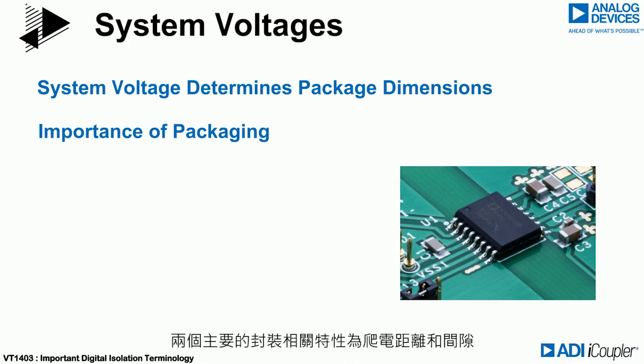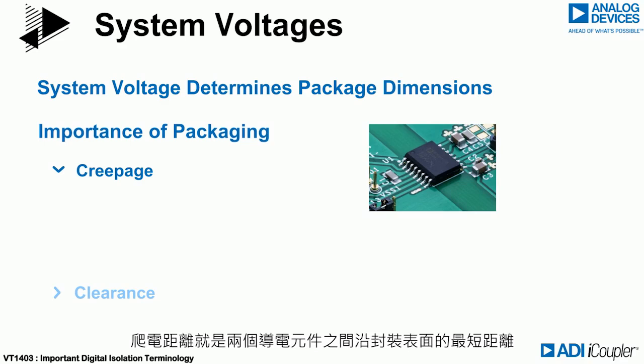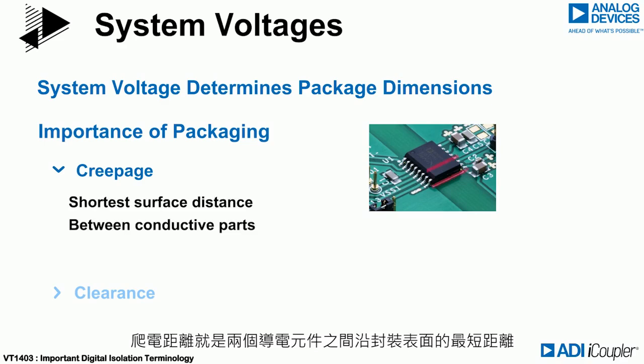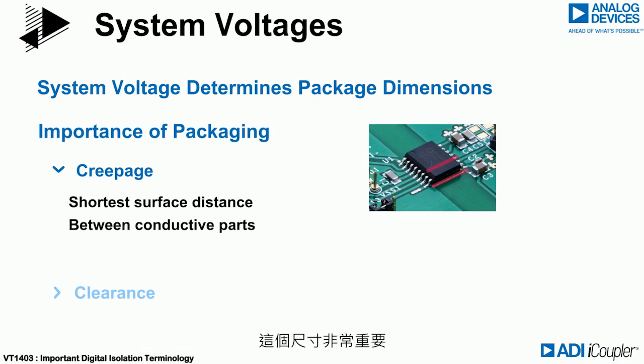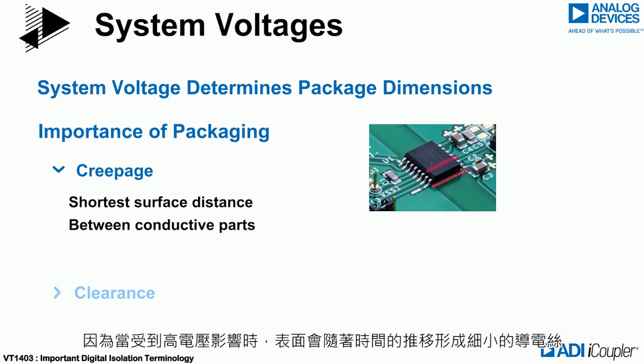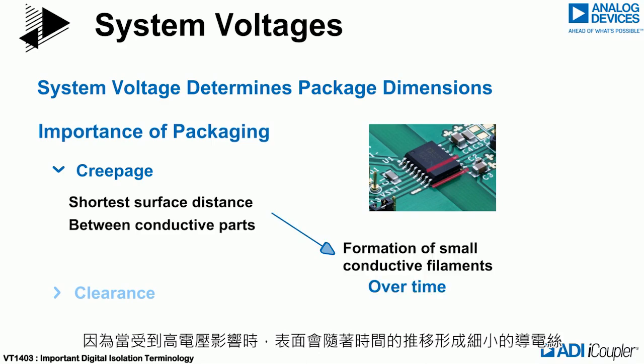The two main package-related characteristics are creepage and clearance. Creepage is the shortest distance across the surface of the package between conductive parts. This dimension is important because surfaces build up small conductive filaments when subjected to high voltages over time.